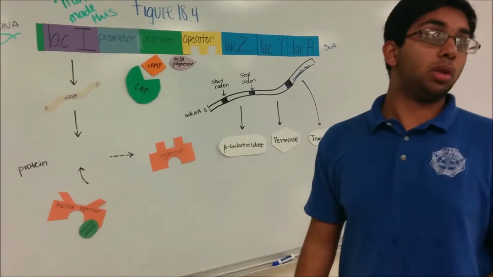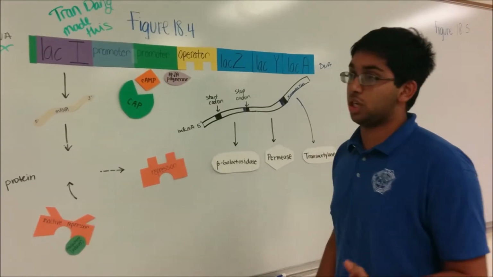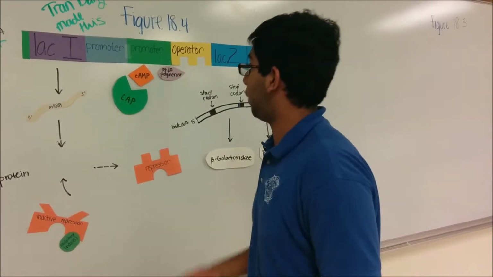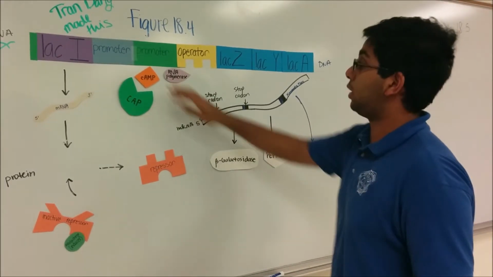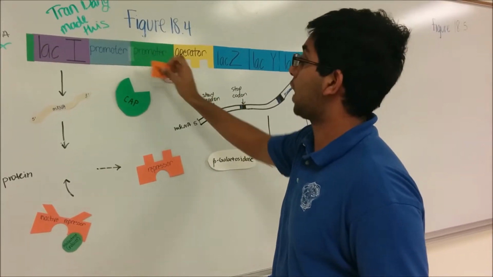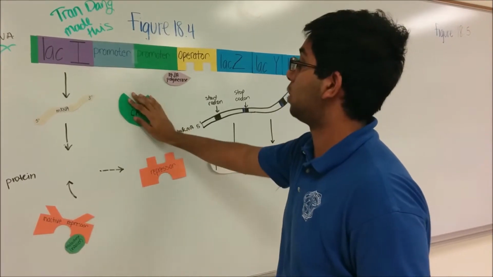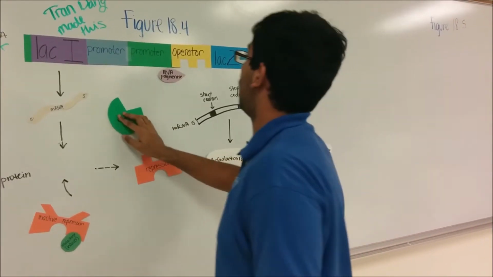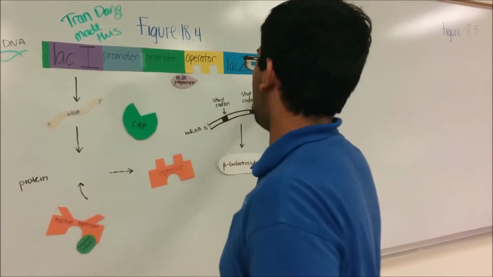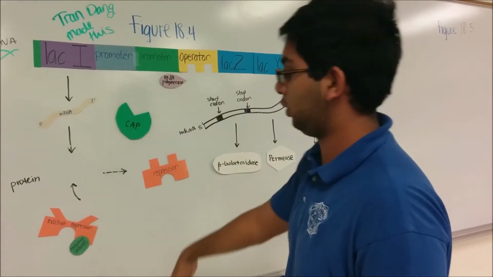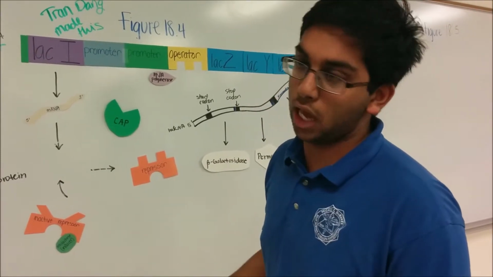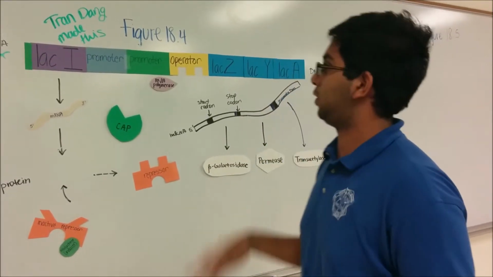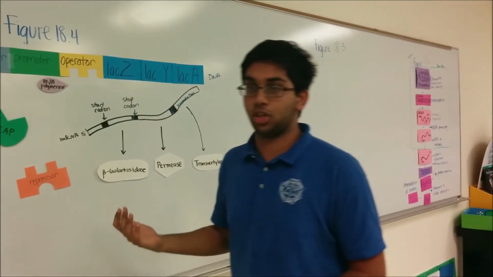So eventually we get to the point where lactose concentration is so low that the cAMP production will also be low. And when that happens, this entire process stops. This cAMP will no longer exist, this activator protein will no longer be activated, and therefore this RNA polymerase will stop going as fast. And then lastly, obviously, the repressor will become active again because of the lack of allolactose. That's basically positive regulation.